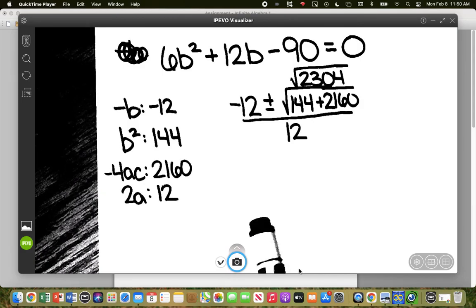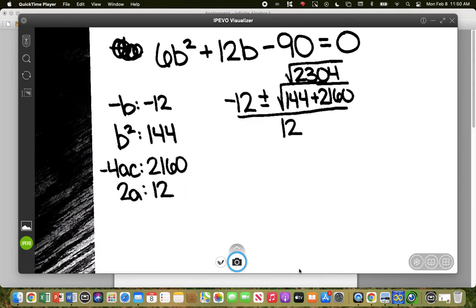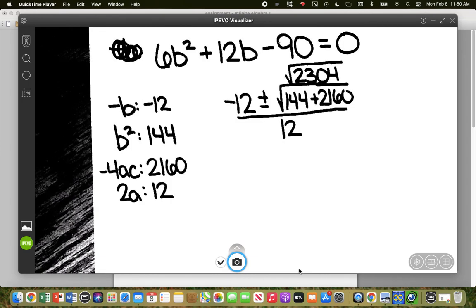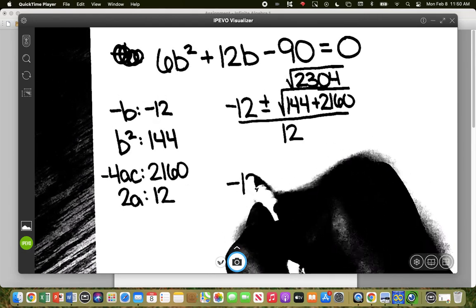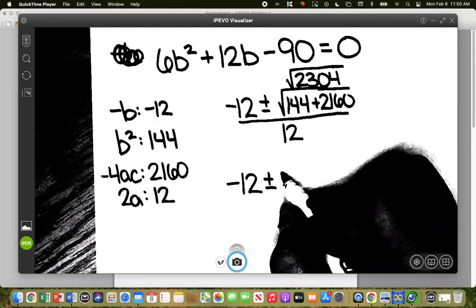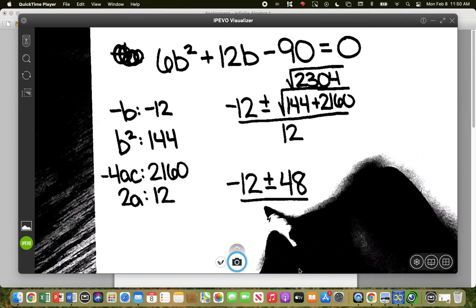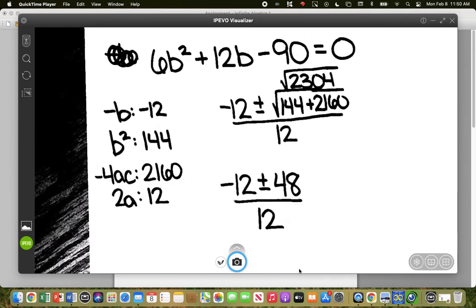So whenever I plug those in, I add those because those are both positive. Now, 2,304 is a perfect square. What's the square root of that? 48. So this one we do have to add and subtract.